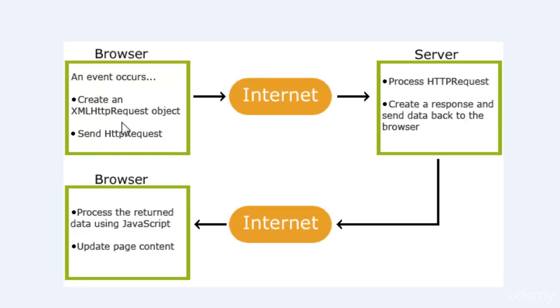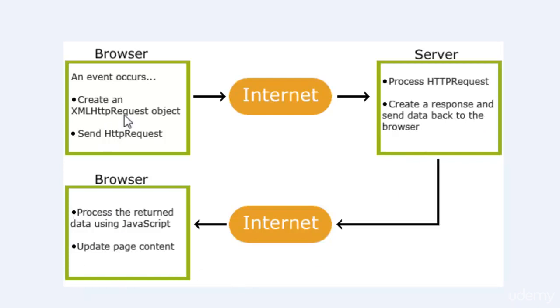So AJAX creates an XMLHttpRequest object and sends that request to the server, basically the server where the database, server-side programming language and different logic about that website exist. So that request is sent to this server with a value, with a question, and after that the server creates a response and sends data back to the browser.